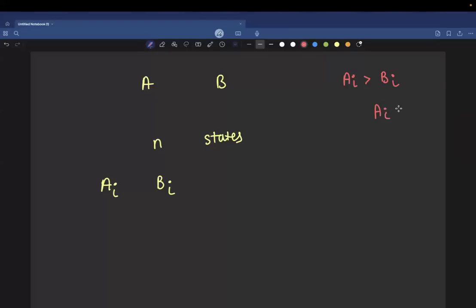If A_i is less than B_i, then candidate B will win. And if both of them are equal, then nobody wins. Now, our goal is to win more than half of the states. So if there are 7 states, we want to win at least 4, and you can win a state by making sure that the number of votes you have is greater than the number of votes the opponent has.